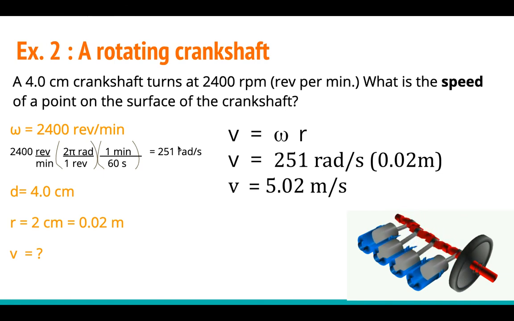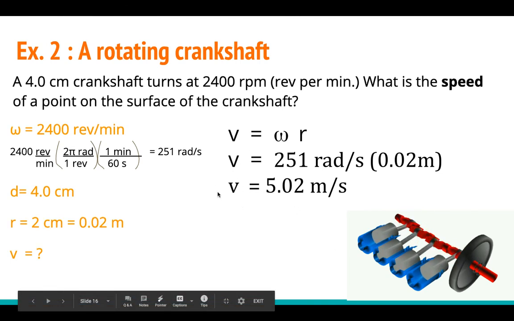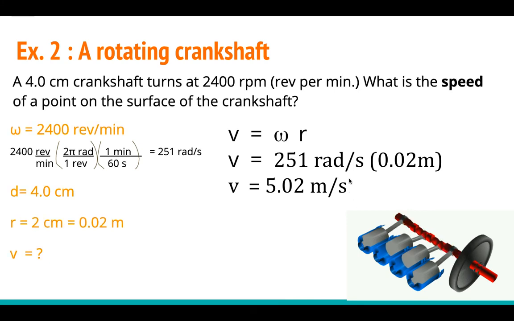So we're going to take our tangential velocity, set it equal to omega, which we calculated to be 251 radians per second, and we multiply by our radius, which is 0.02 meters, to get our velocity, which is 5.02 meters per second.